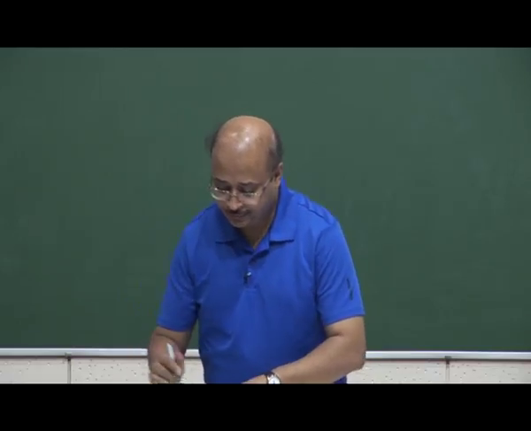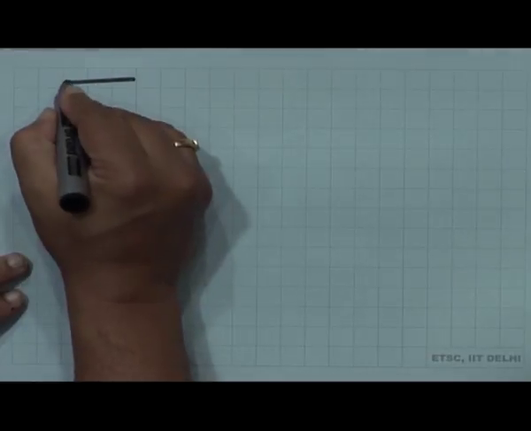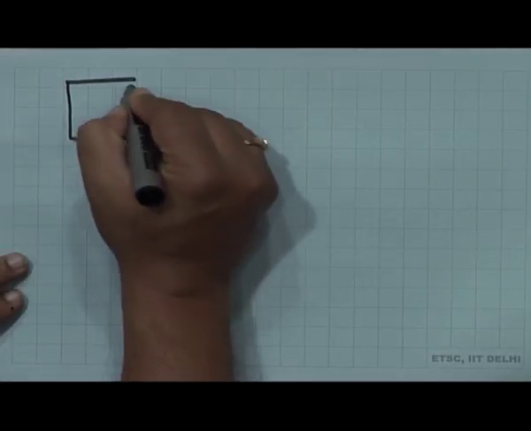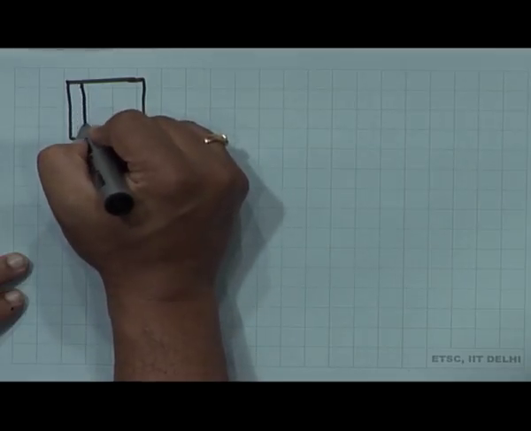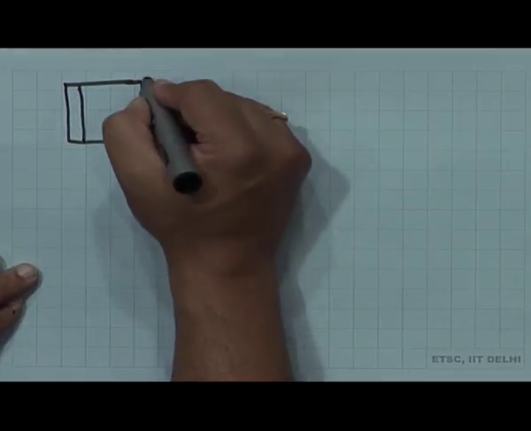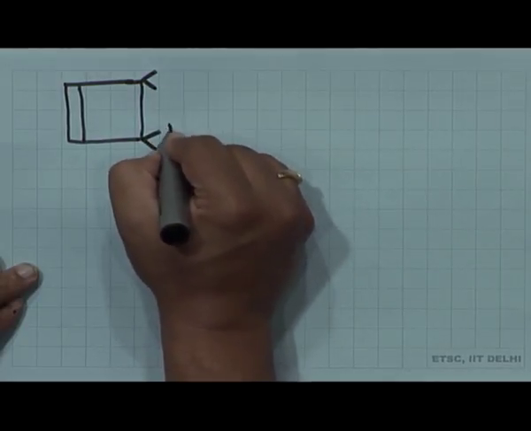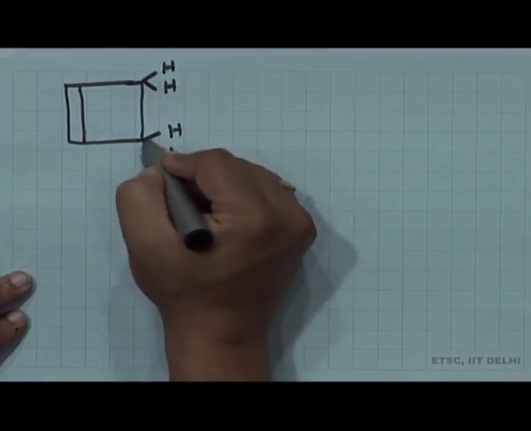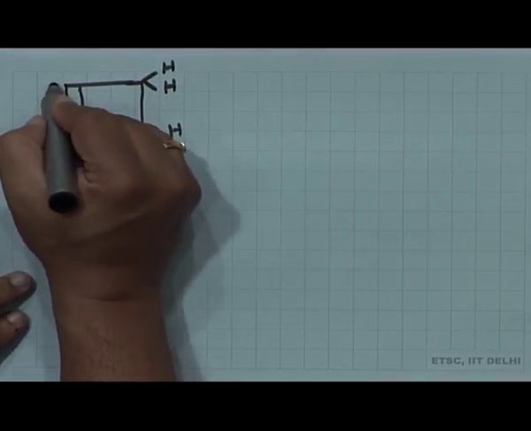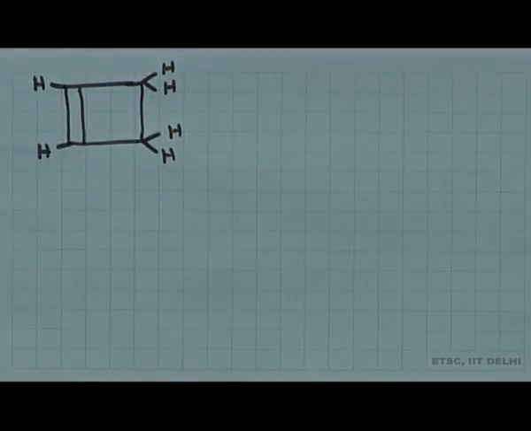So, the problem or example is, you are having cyclobutene in the gas phase, these are hydrogens, okay. Obviously, these corners are your carbon atoms, and then you have a hydrogen out here, okay.